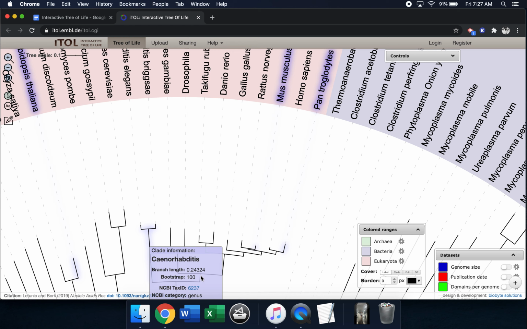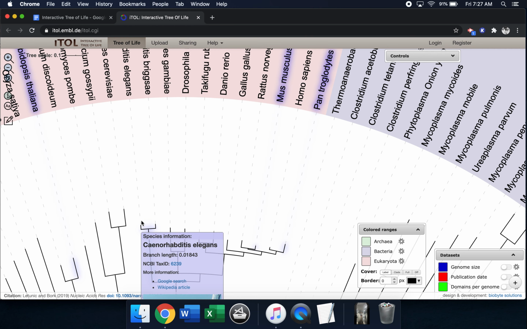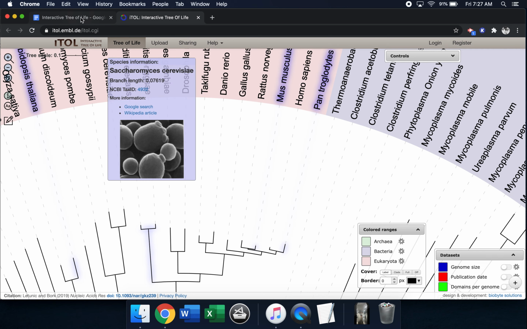You see this little line behind the blue box. So it is related to humans that way, but it's a lot more branches away. I have to go down 1, 2, 3, 4. There's where we're with the chicken. Or sorry, this is where we're with the chicken. 4, 5, 6 branches away to be related to the worm. So I'm going to come back over here.